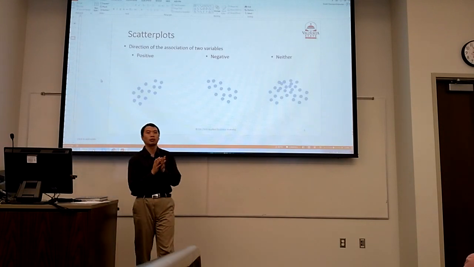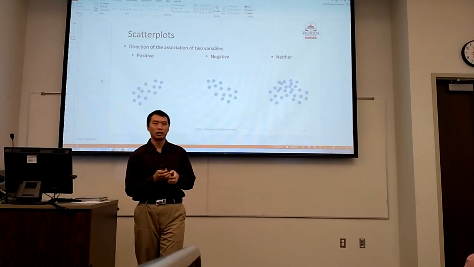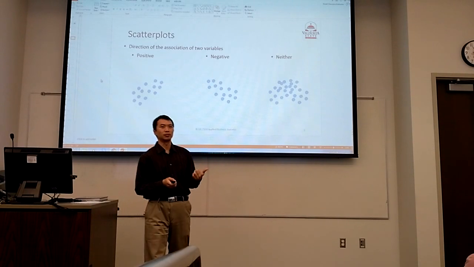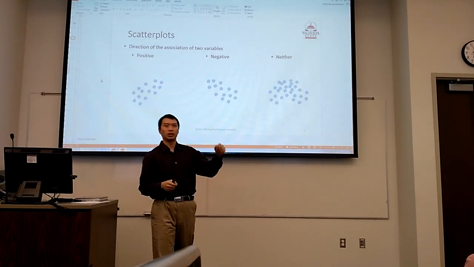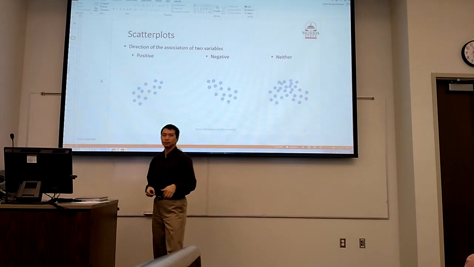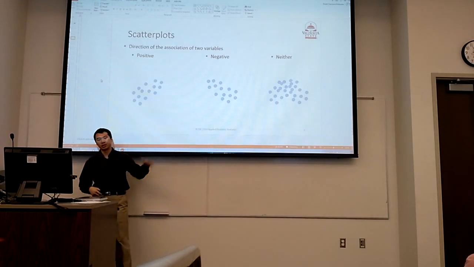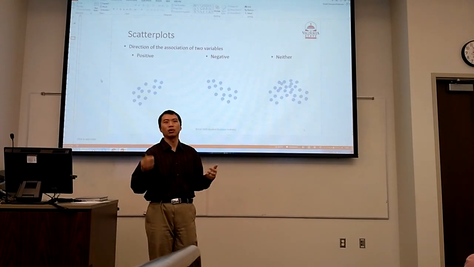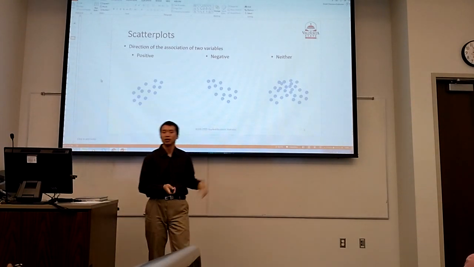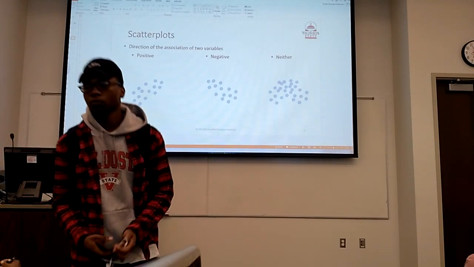So there are several properties we discussed about the scatter plot. One is the direction. So if one variable increases and the other variable also increases, that's a positive direction. Otherwise, it's a negative. But sometimes we cannot identify if we have a positive or negative direction. So that happens. So that's about direction.